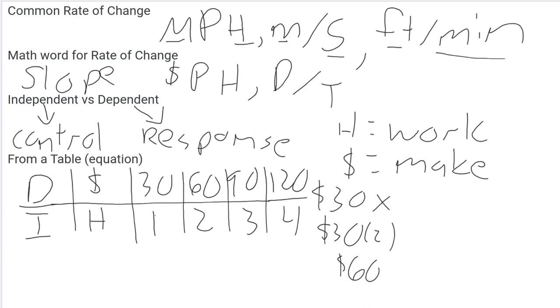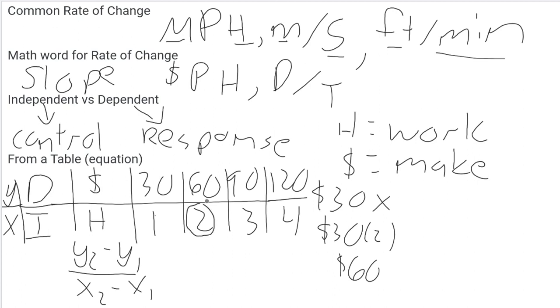To find slope, what we do is there's this crazy equation called y2 minus y1 over x2 minus x1. All that means is this is our y, this is our x. So you're going to go to the second x number that you see. This is the second x number I see.